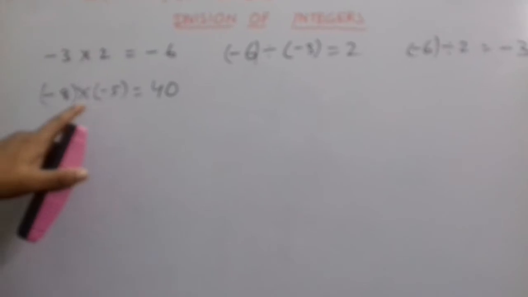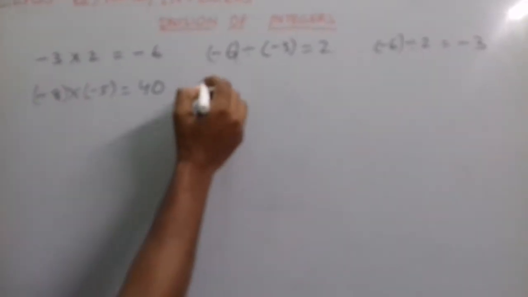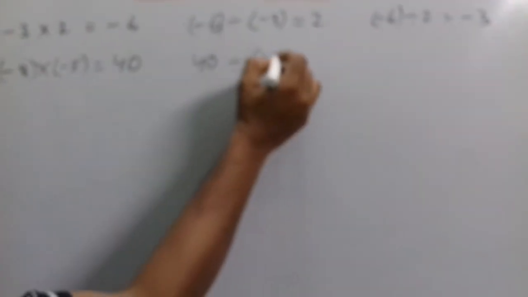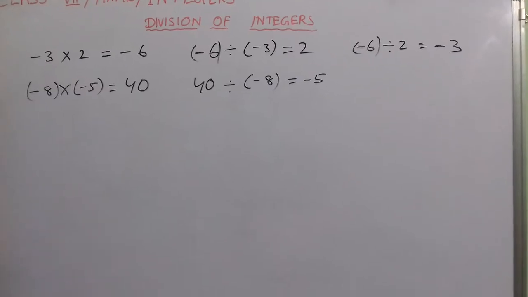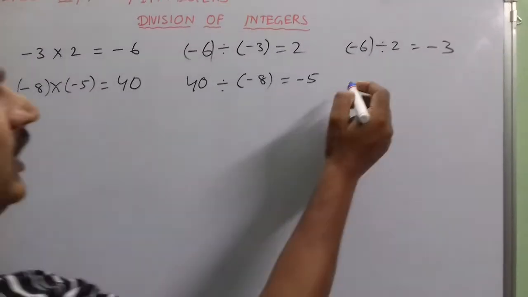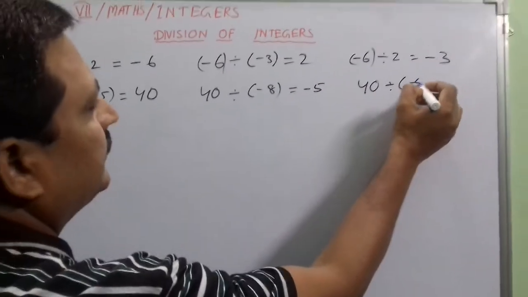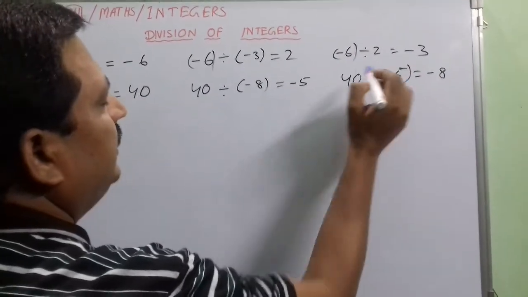Now minus 8 into minus 5 gives you 40. That means if we divide 40 by minus 8, it gives you minus 5, and 40 divided by minus 5 gives you minus 8, right?